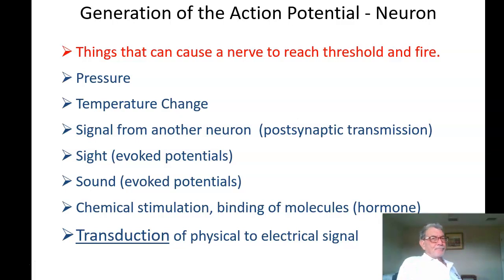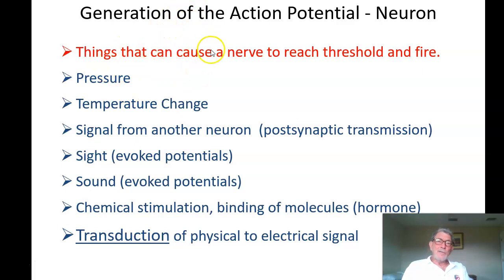So, how are we going to take a cell that's at minus 70 and push it up to minus 55 or so, so you reach the threshold and the thing fires? You have to generate a potential change somehow that pushes it up high enough that then all of those automatically activated channels open, the sodium rushes in and the potassium rushes out, and that cell actually fires.